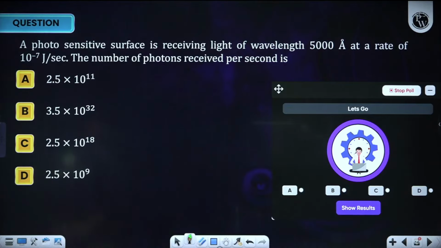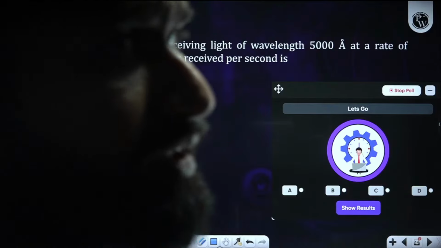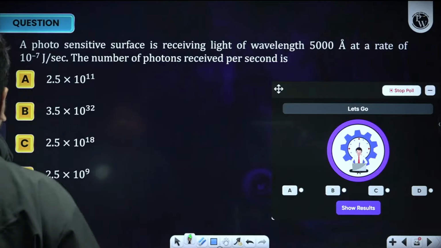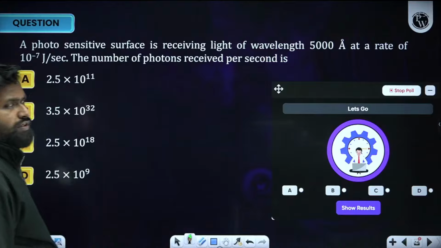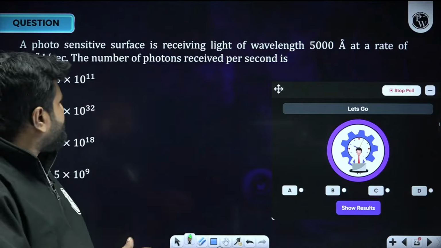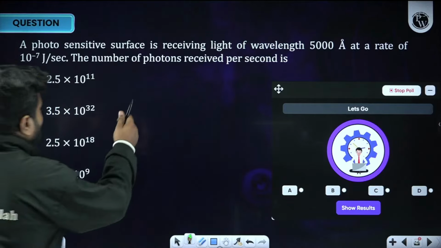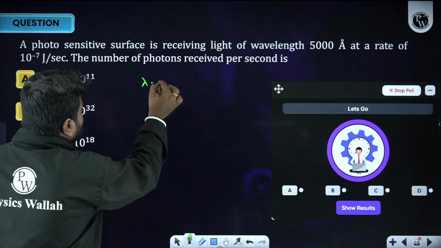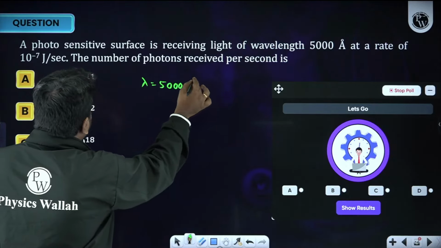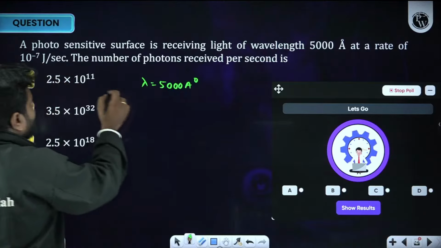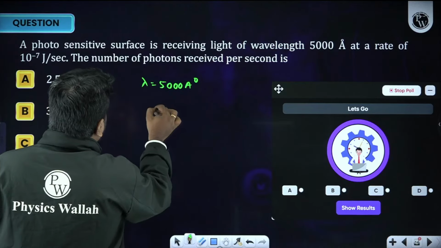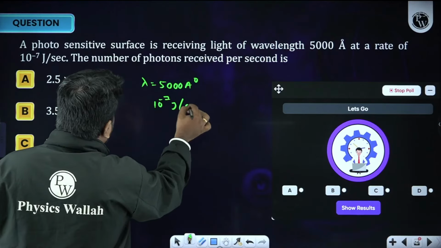They have given the wavelength as 5000 Armstrong, and the rate is 10 to the power minus 7 joule per second.